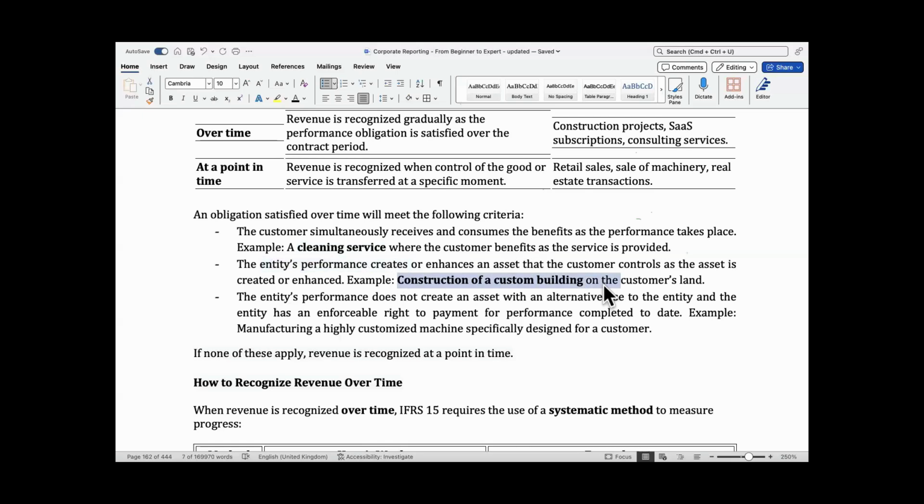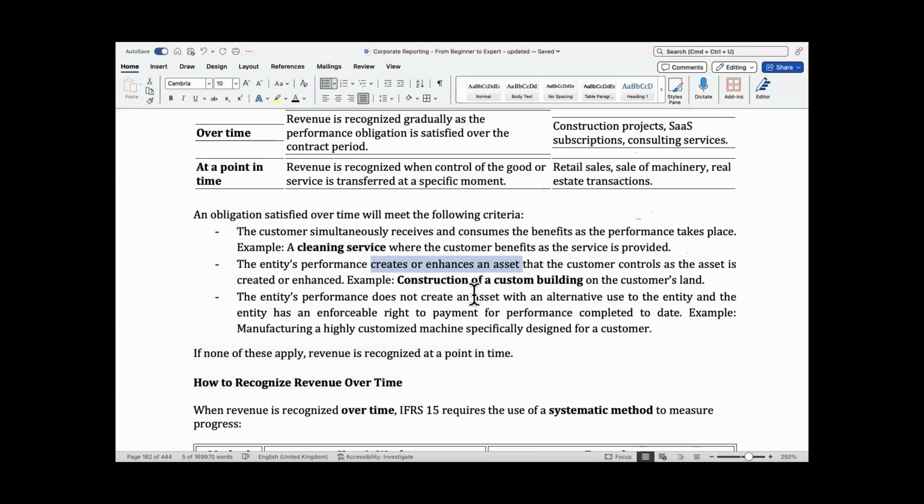You are creating an asset, and as you are creating it, the customer controls it gradually. As the asset is created, the customer will be taking over the control gradually, just like you are helping him put a structure in place. That is showing you are performing over time.